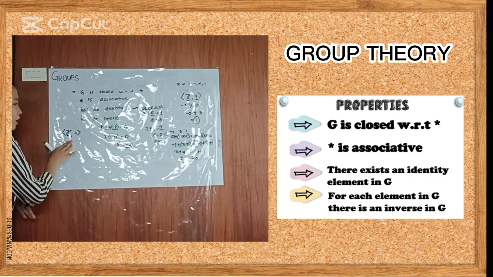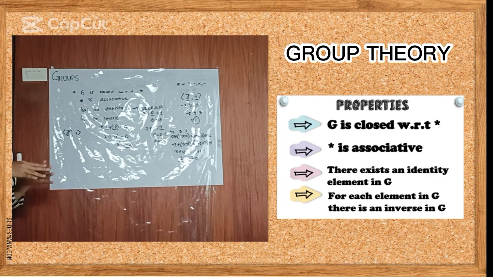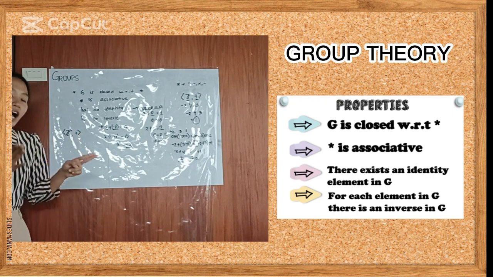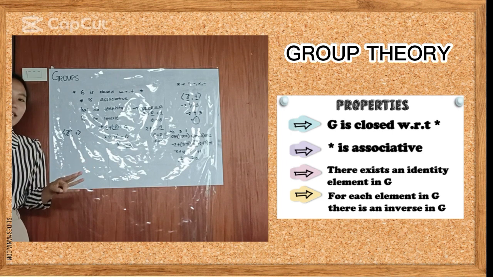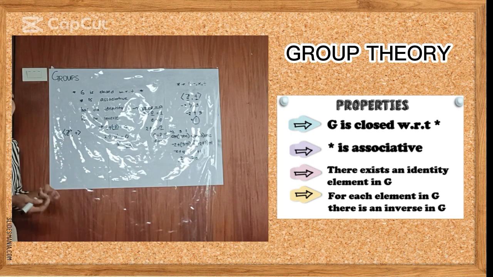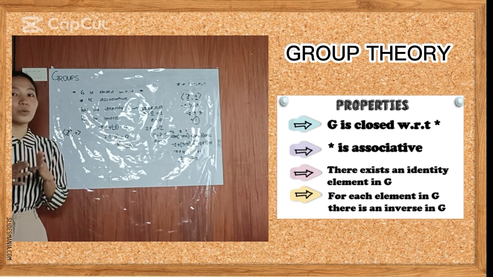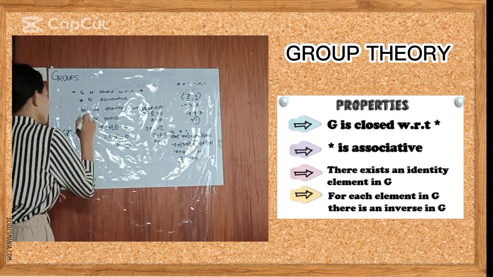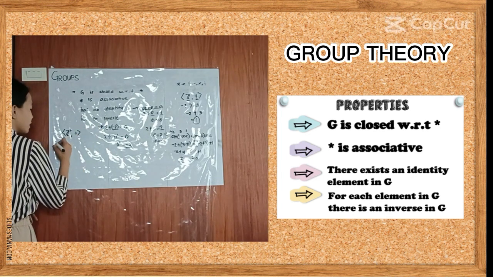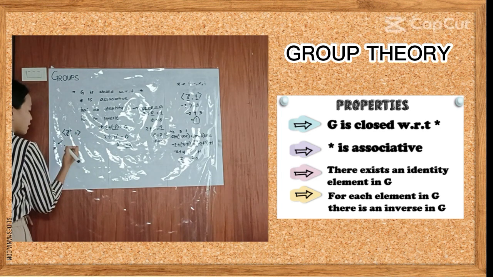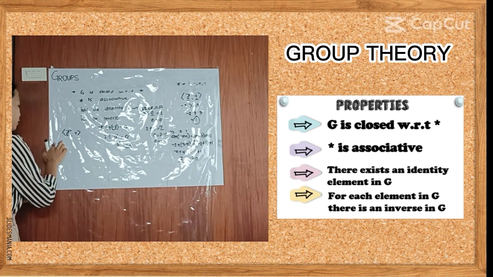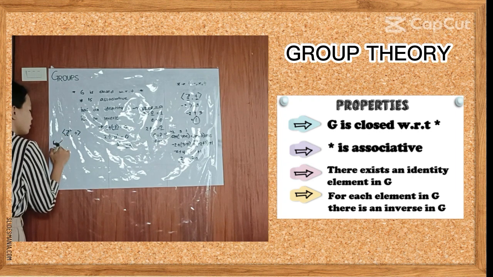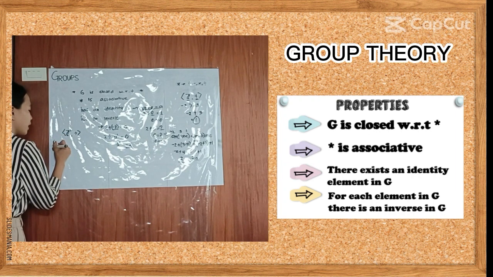Yes, it is closed. Whenever we get two elements and add, we get another element from the positive integers. For example, 1 plus 2 is 3, and 3 is an element of the positive integers. So the first property is correct. Next, the second property: it should be associative.